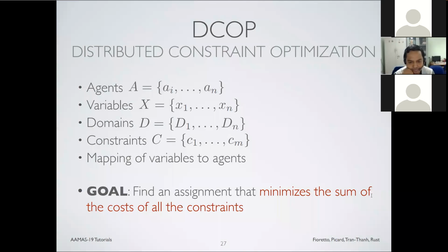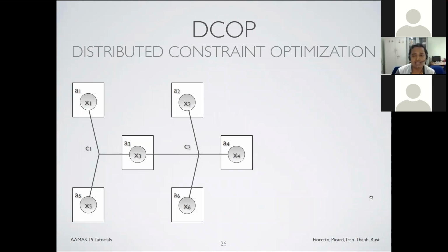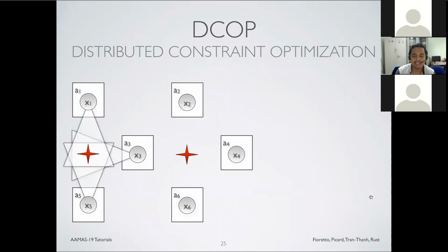Okay, so that depends on the problem you are modeling. For this particular problem, we are choosing the sensor. A sensor can view its north, its south, its east, or its west.